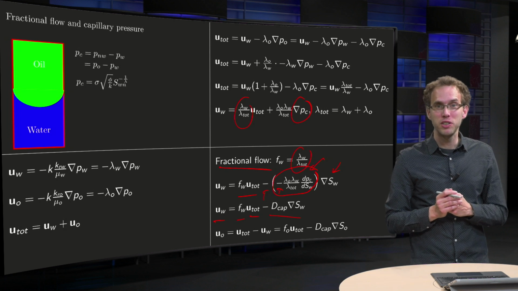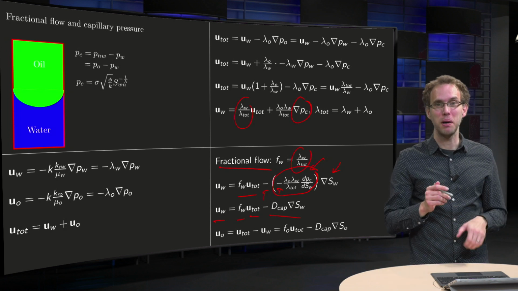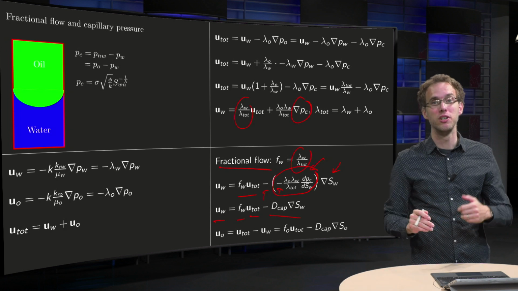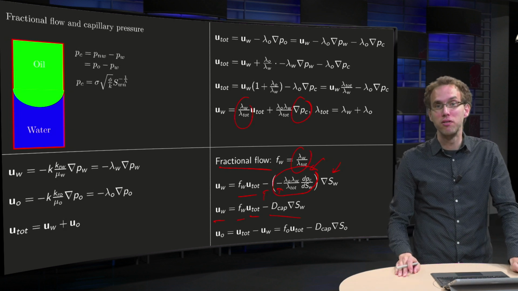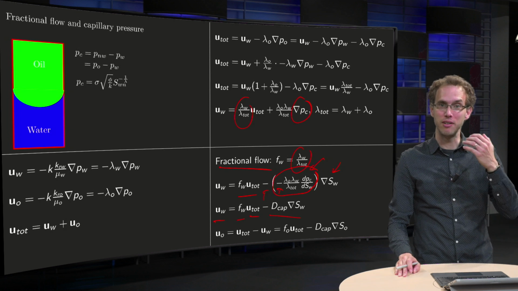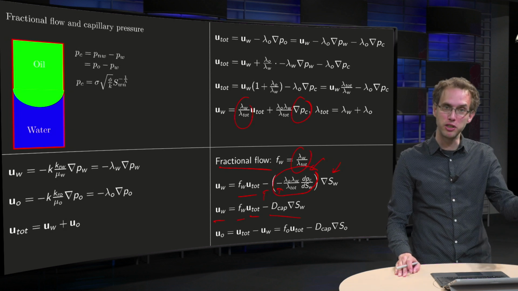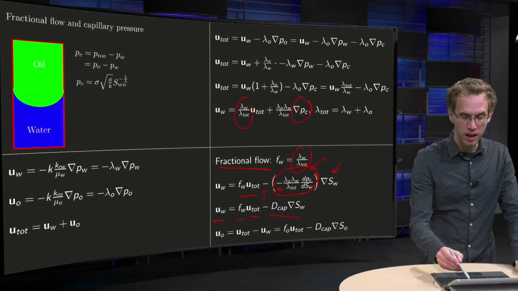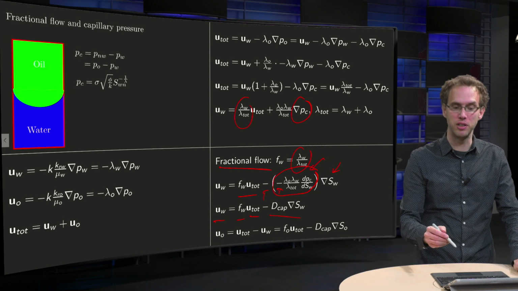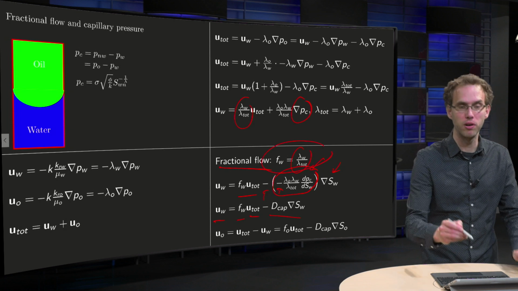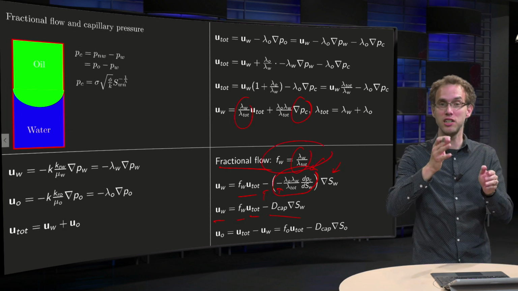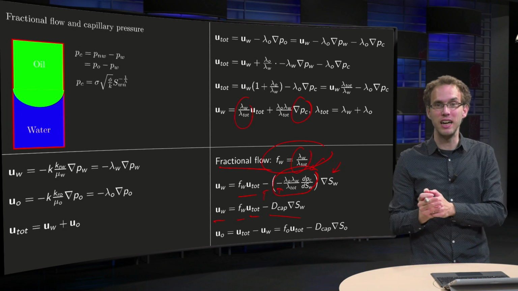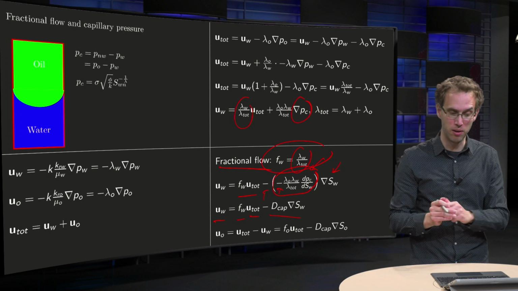Now about some interpretation. In absence of capillary diffusion, UW equals fractional flow times U total. So that's where the name fractional flow function is coming from. It gives the fraction of the total flow attributed to the water phase. But this is only true in absence of capillary diffusion. So fractional flow is always defined as this, lambda W over lambda total, but it's only the fraction of the flow in case capillary diffusion is 0.